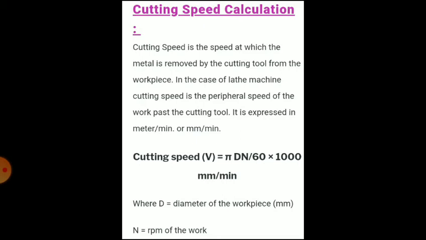It is expressed in meters per minute or mm per minute. The formula to calculate cutting speed is V equals pi D N upon 60,000 meters per minute, where D is the diameter of the workpiece in mm, and N is the rpm, revolutions per minute, of the work.